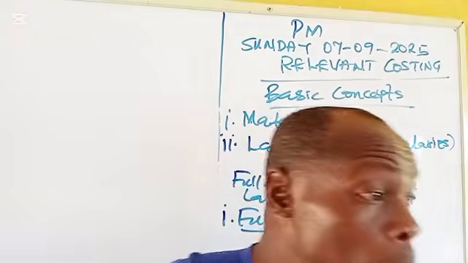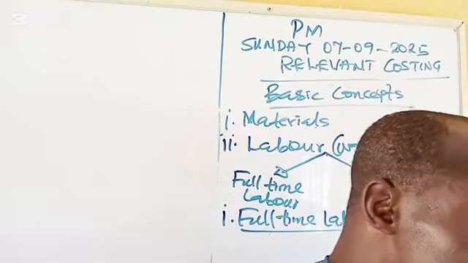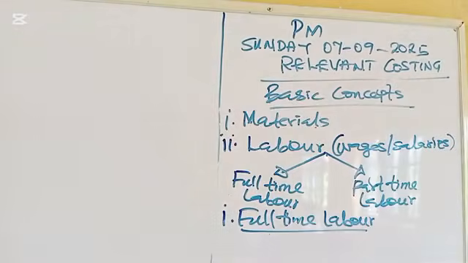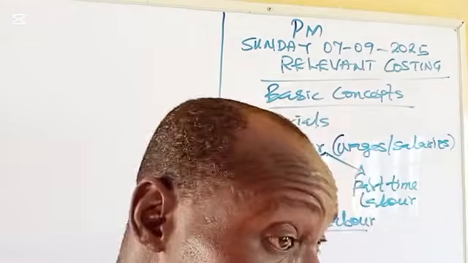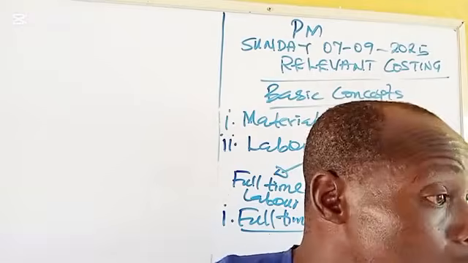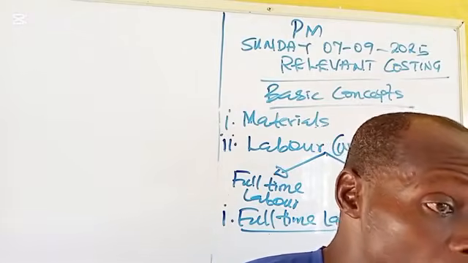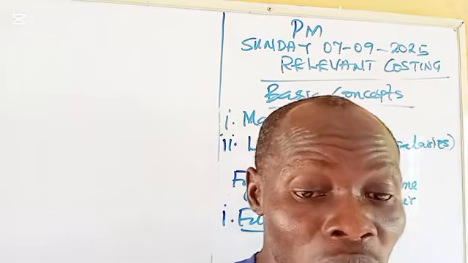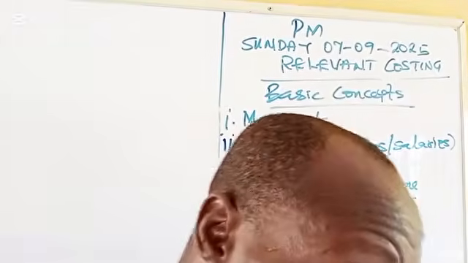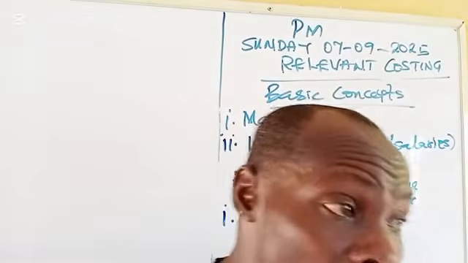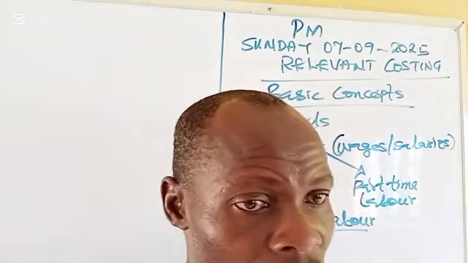The overtime you pay them is a variable cost, because if you did not make your full-time staff do the job overtime, you will need some other people to come and perform a temporary service for you, right? And you have to pay them. So that is why that overtime is what is relevant. But their basic pay, which you must pay them as full-time staff, is not relevant.